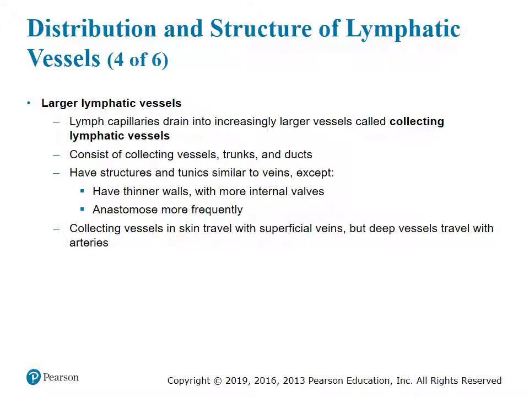Those capillaries drain into larger and larger vessels. We call those vessels collecting vessels. And just like the veins, where they increase in size as we get towards the heart, these are also increasing in size as we go towards the heart.